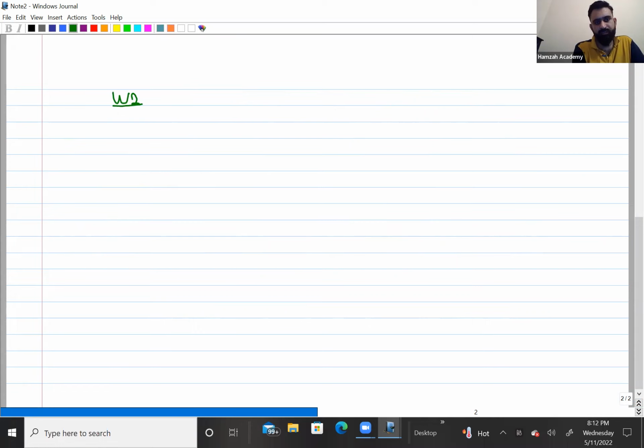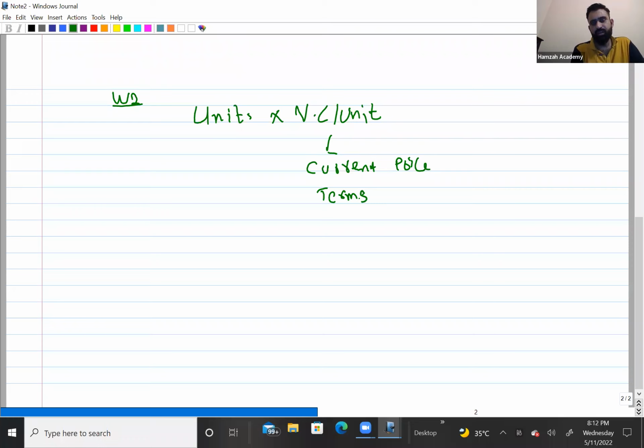We will take the same formula: the number of units into variable cost per unit, which is usually given in current price terms, and multiply by 1 plus growth raised to power n.